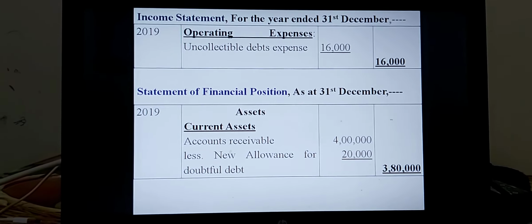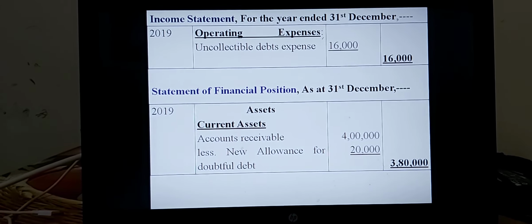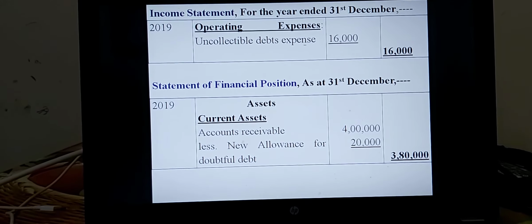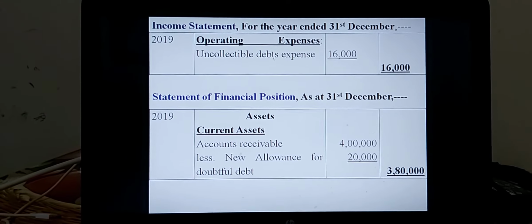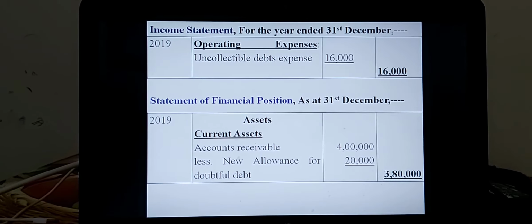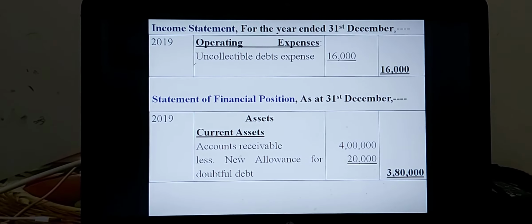But the new allowance for doubtful debt is 5% on debtors or accounts receivable. So 4 lakh into 5%, that is the amount of taka 20,000. This amount is to be deducted from the accounts receivable. So 4 lakh minus 20,000, that is the amount of taka 3,80,000 as current assets in 2019.